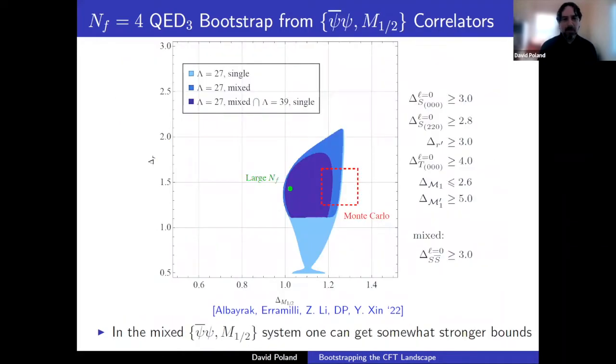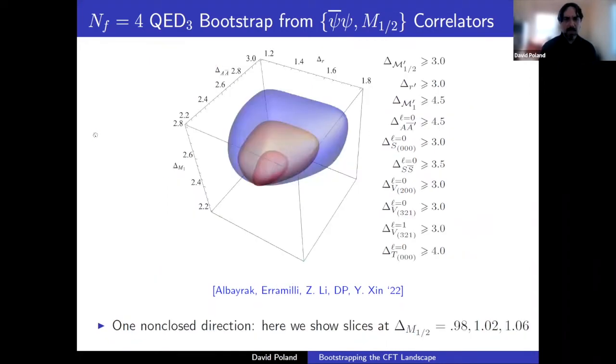Okay, the bounds get a little bit stronger if you go to the mixed correlator system and make similar assumptions, but it doesn't give anything very dramatic. And just to show you, we had all this uncertainty about the dimension of the AA bar operator, whether it's relevant or irrelevant.